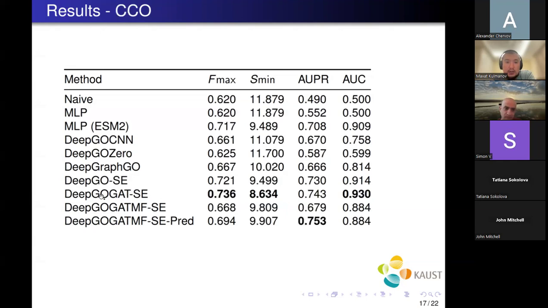And in cellular components, our method that used molecular functions did not perform as well as in biological process, but here the PPIs and ESM embedding based model gave the best performance.